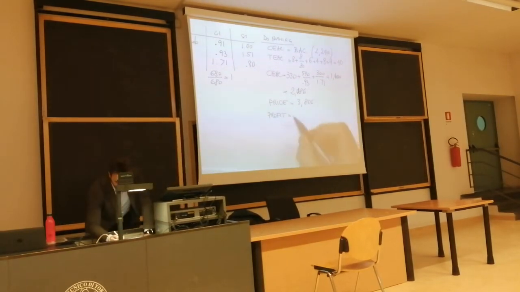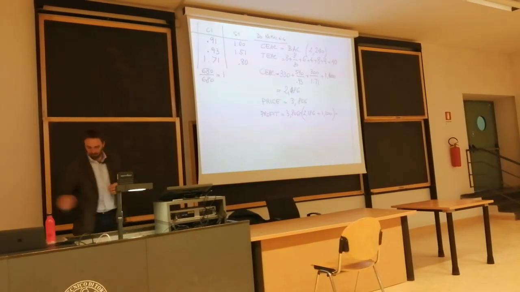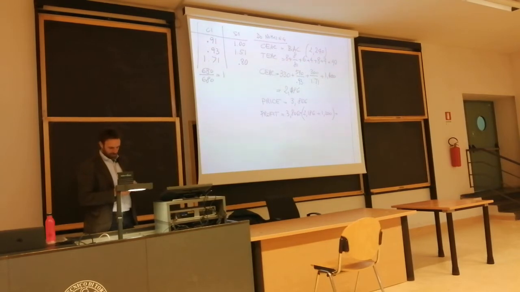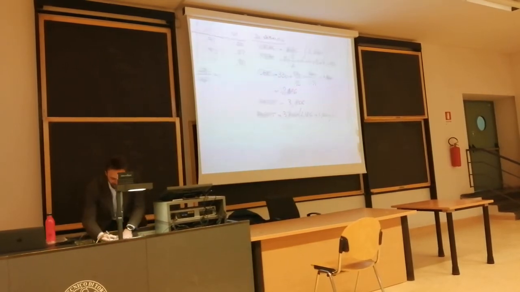Good. So profit is going to be the price minus direct cost estimate at completion minus overhead, which equals $3,806,000 minus $2,186,000 minus 1,200,000, which is 420.